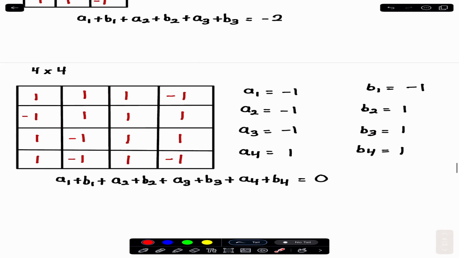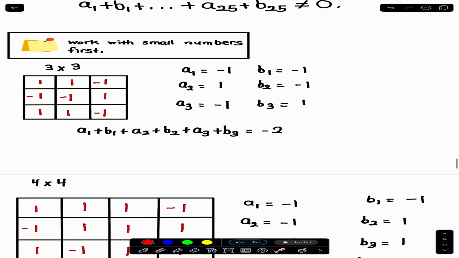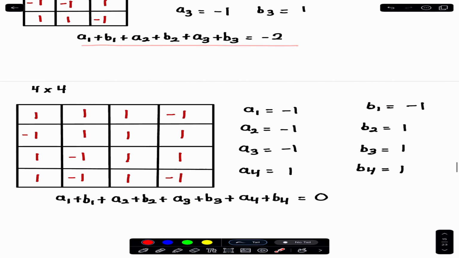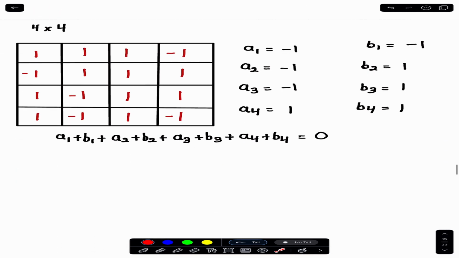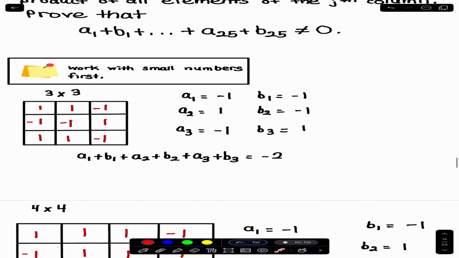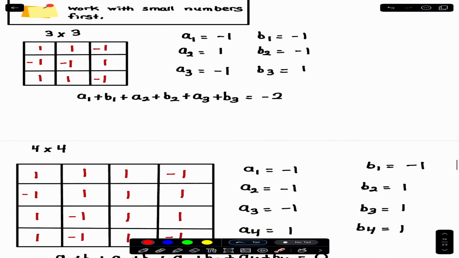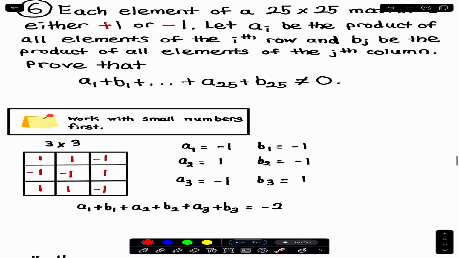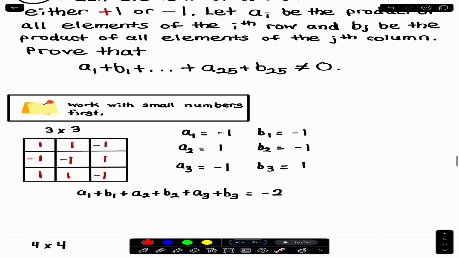So for 3x3, we could not get a 0. We got -2, but for 4x4, it is possible to get a 0. Interesting indeed. So already we can make a few hints.